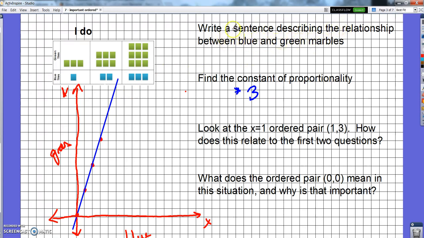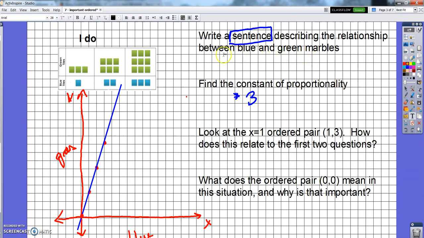Because this constant of proportionality has to do with the situation, it's not just a calculation we find. It tells you something important about the problem. So if I were to look at this situation, say every time I add 1 blue tile, I add 3 green tiles. That's really what's happening in the problem.